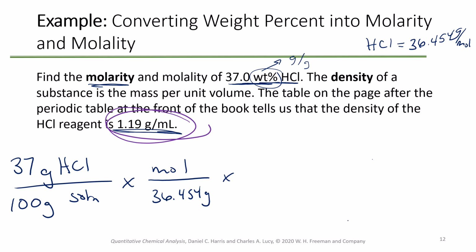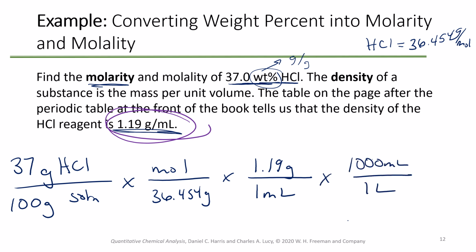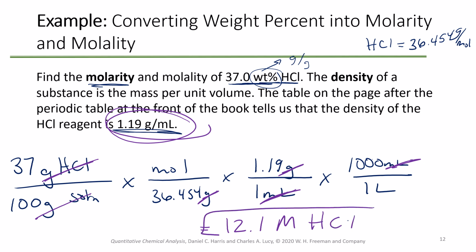So I want to go from grams to milliliters. Okay. So grams will cancel. So that's what these grams belong to. These grams will cancel. These milliliters will cancel. And the last is going to be moles per liter. So my units make sense. And when I plug this into my calculator, I get 12.1 molar HCl. So you need to decide what you feel best doing.